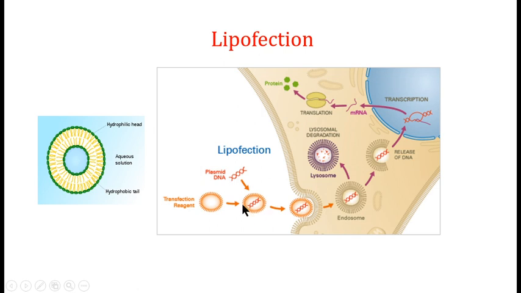So when this liposome is made, containing your gene of interest or your desired DNA, its structure is a lipid bilayer, and the cell membrane of the host cell is also made up of a lipid bilayer. They can easily interact with each other, and by the process of endocytosis, this liposome enters into the cell.